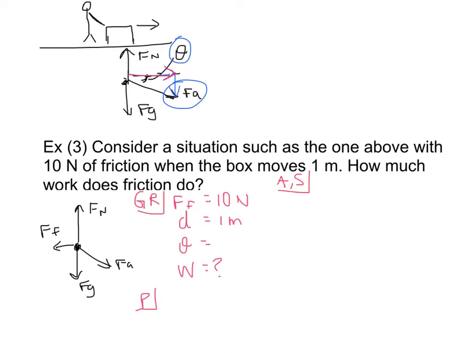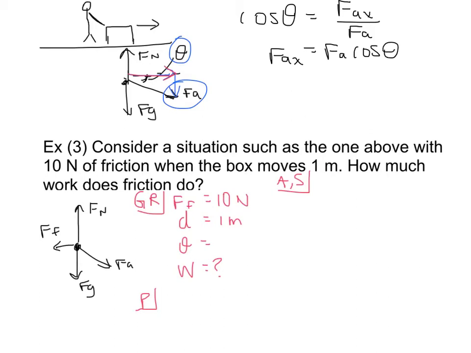Right, because cosine of theta is the adjacent, so that is my x component there, over the hypotenuse, which is the force that we start with. So the component that I'm actually going to use is F_A times cos theta.